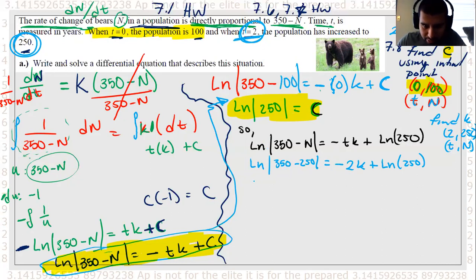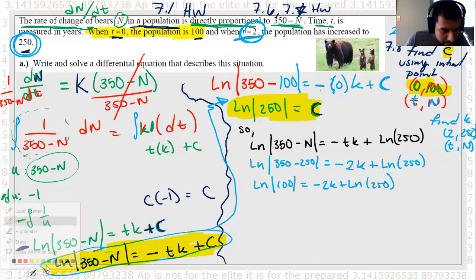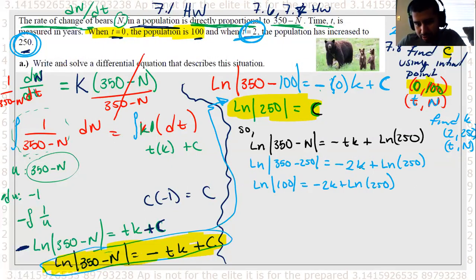We got ln 350 minus 250, that is 100, is equal to negative 2k plus ln of 250. All you're doing, guys, is combining like terms. So let me move this minus ln of 250, minus this ln of 250.